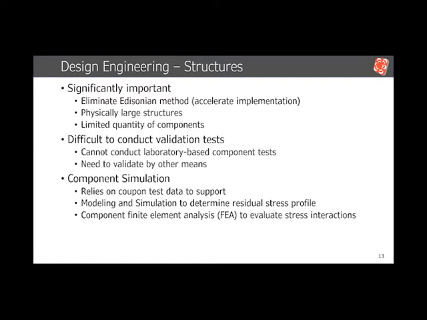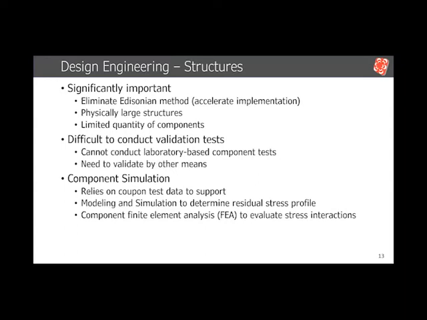So component simulation really relies on, I think, the coupon data to support it, because that's the information that goes in to help the modeling capability. Obviously, you can do the modeling and simulation to determine the profile, but it's also the data that actually gives you the confidence that your model is actually predicting correctly.